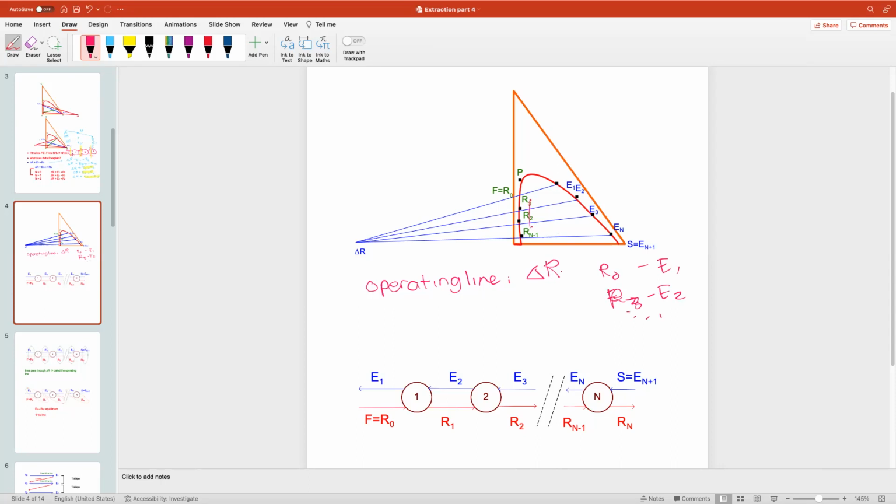So it tells you this correlation. Yes, this is using the delta R.